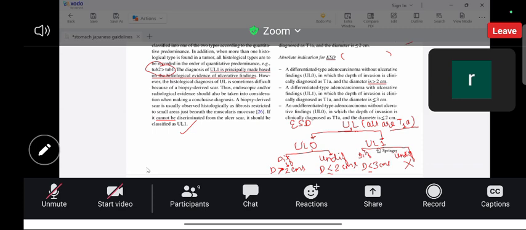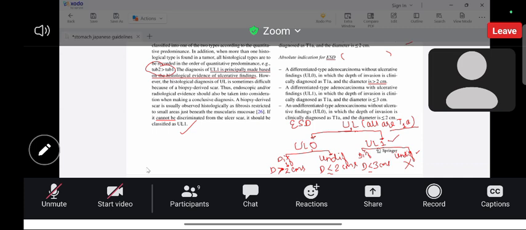If it is differentiated, then diameter, even if it is more than 2 centimeters, we can go for ESD. If it is undifferentiated and diameter is less than or equal to 2 centimeters, we can go for ESD. Likewise, if it is ulcerated and differentiated, then we can do ESD up to 3 centimeters. And if it is ulcerated as well as undifferentiated, then we cannot do ESD. We will straight away do gastrectomy with lymph node dissection.